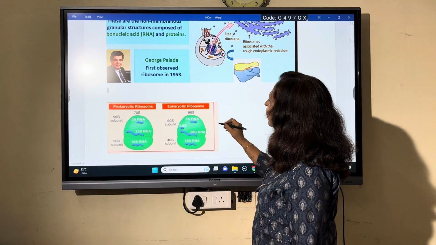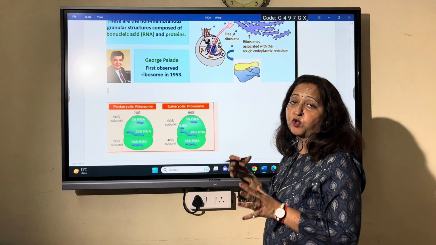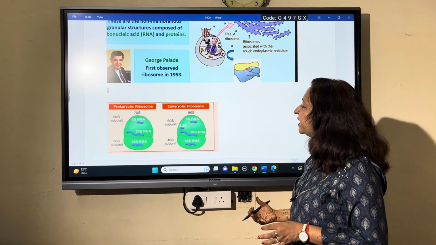What is the function of ribosomes? They help in the formation of protein. Protein synthesis takes place. So these ribosomes help in protein synthesis.